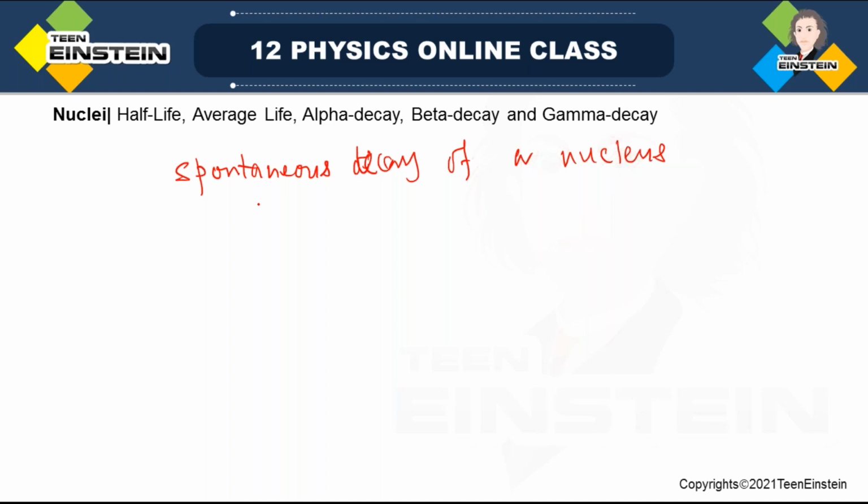So radioactive materials have a tendency to decay into a different nucleus. Suppose you have some substance and you may have many nuclei.